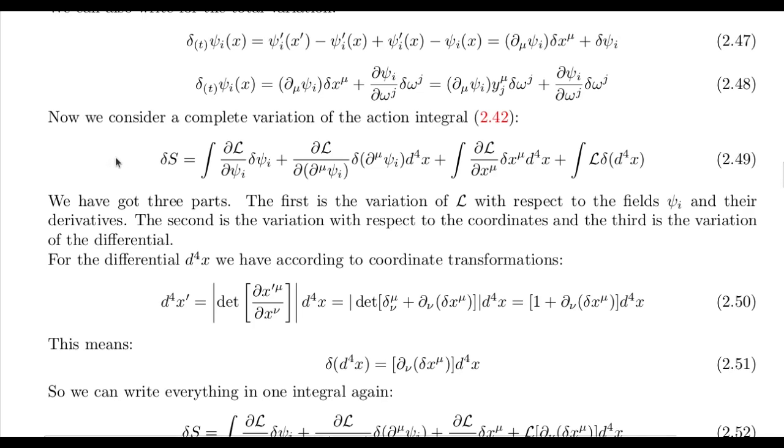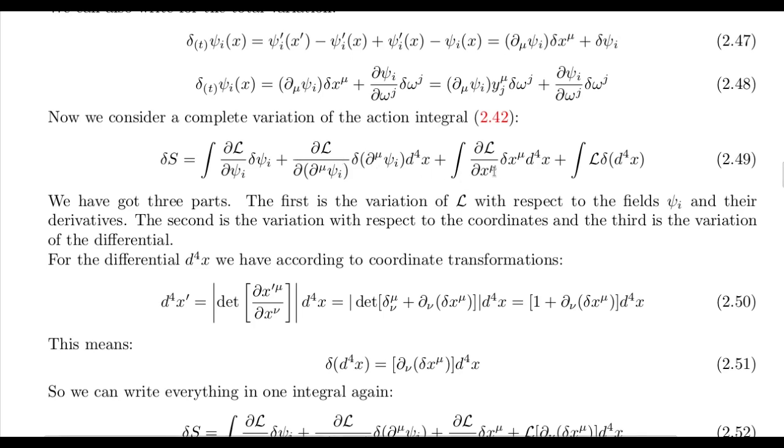And now we consider a complete variation of the action integral. Now that means we write delta S, and then we know from the Euler-Lagrange equations that we have to differentiate with respect to psi and the derivatives of psi here.